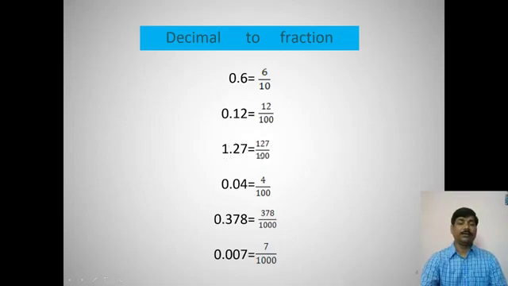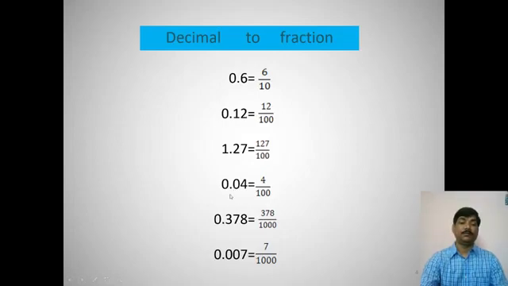Remove the decimal. Here the whole number will be 127, and in the denominator we write 1 and add zeros at the right of 1. How many zeros? The digits are 2, so we write 2 zeros.